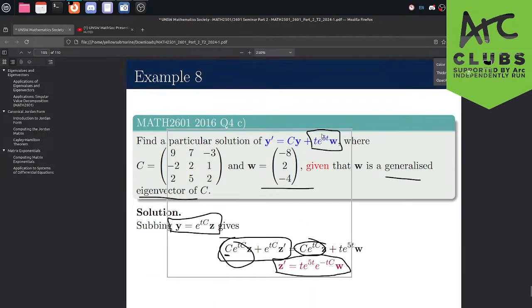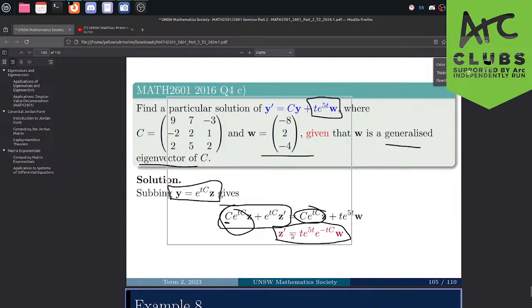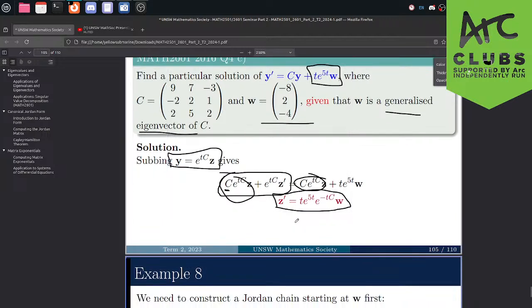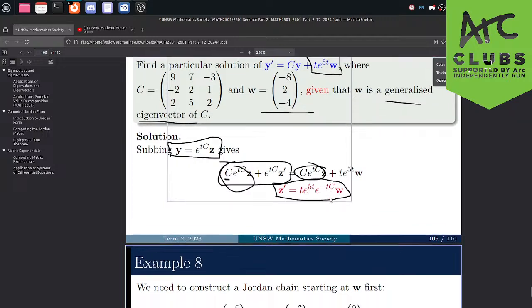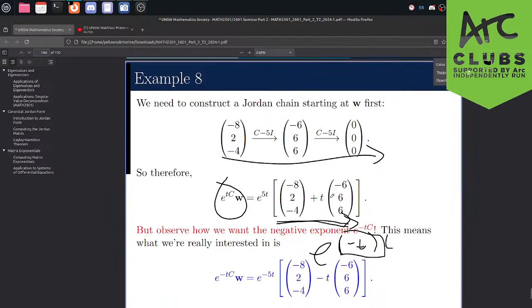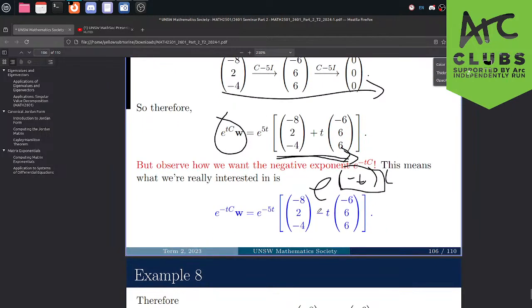Notice all of this works out, by the way, because when we were dividing by e^tc, what we were actually doing is multiplying by the inverse matrix e to the negative tc. And this works out because when you take the inverse matrix, remember, you just take the negative of the power, which means you can just take negative t, and again, replace every instance of t with negative t. So there's no t here, and if there was a t squared here, it would be like a plus, and then a minus, and then a plus, and so on.